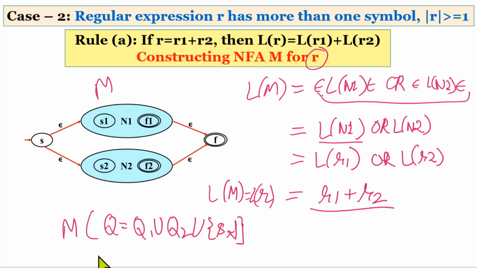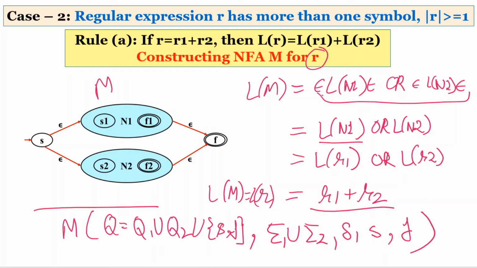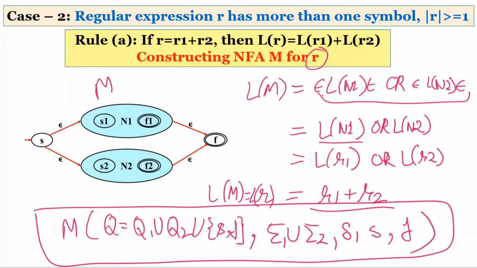So this will be our set of states for the resulting machine M. Similarly, the input symbols are the union of the input symbols of machine 1 and machine 2, and then the transition function. Now the start state is only S and the final state is only F, not F1. So these are the tuples for the resulting machine, and we also proved that the language of the machine is equal to the language of the regular expression R. So this is rule A of case 2.